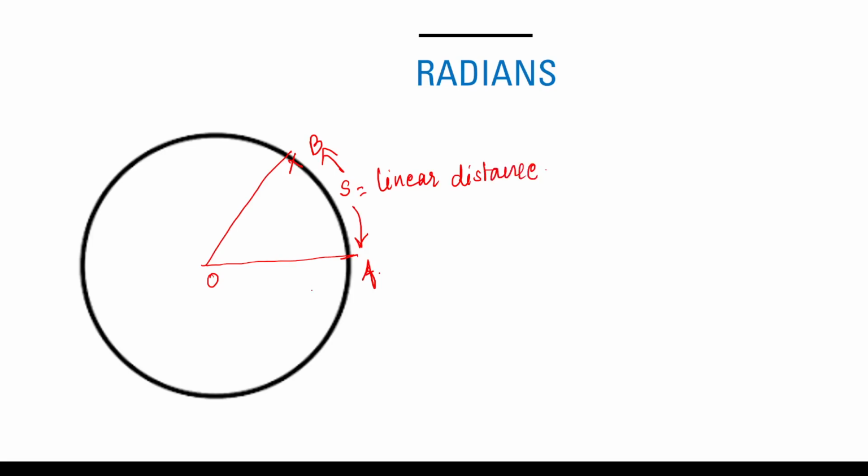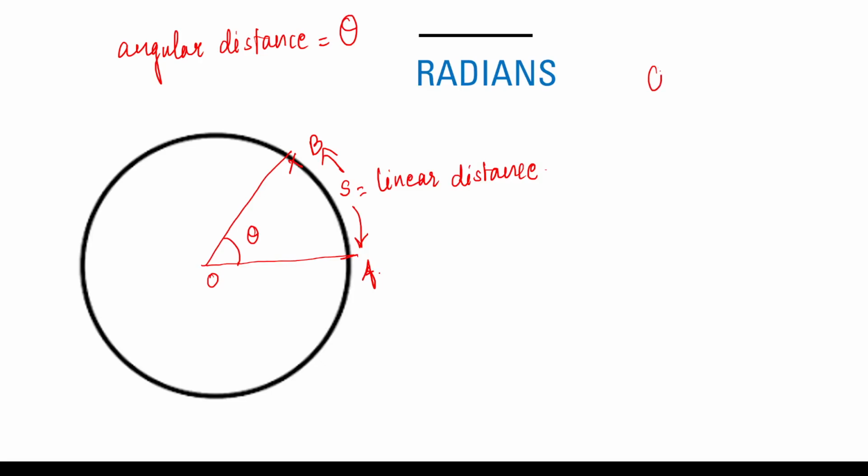Also it has traveled this angular distance. Angular distance is denoted by many symbols; I am using theta here. So this theta, which you might have used sometimes in math, is the angular distance. Theta is angular distance, S is the linear distance.